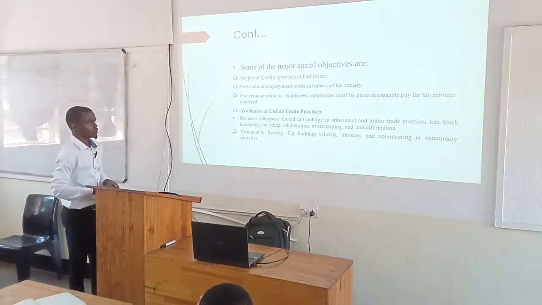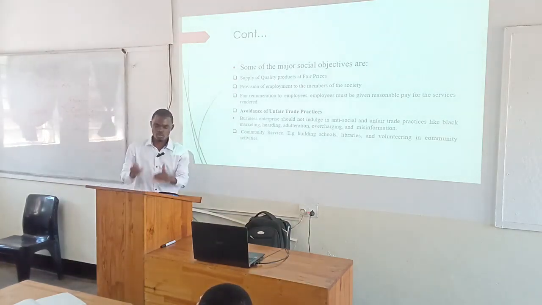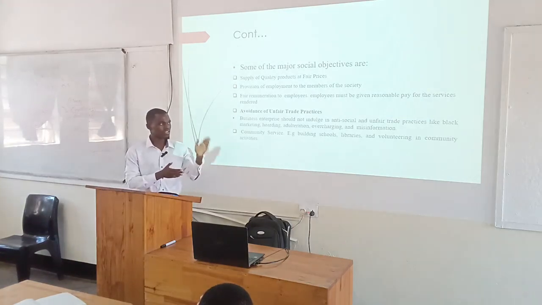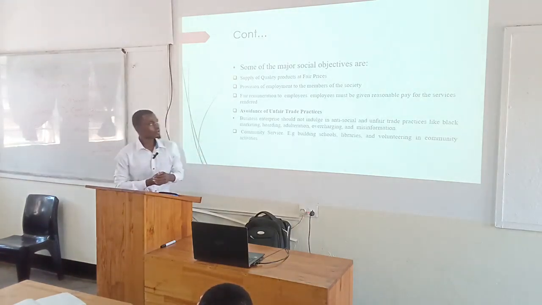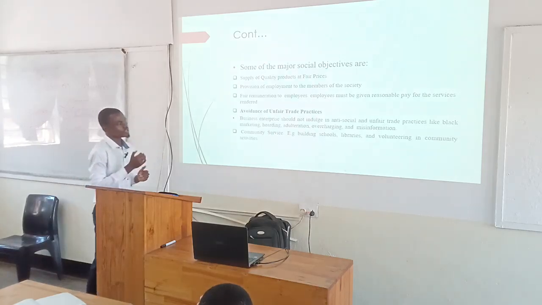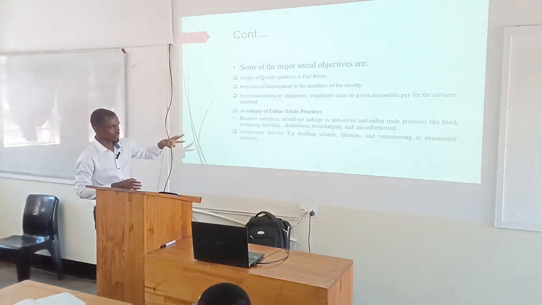And then misinformation. So you are misinforming people. You are telling people that this product is of high quality when the product is not of that quality. So that's misinforming. All these unfair trading practices must be avoided by the organization.